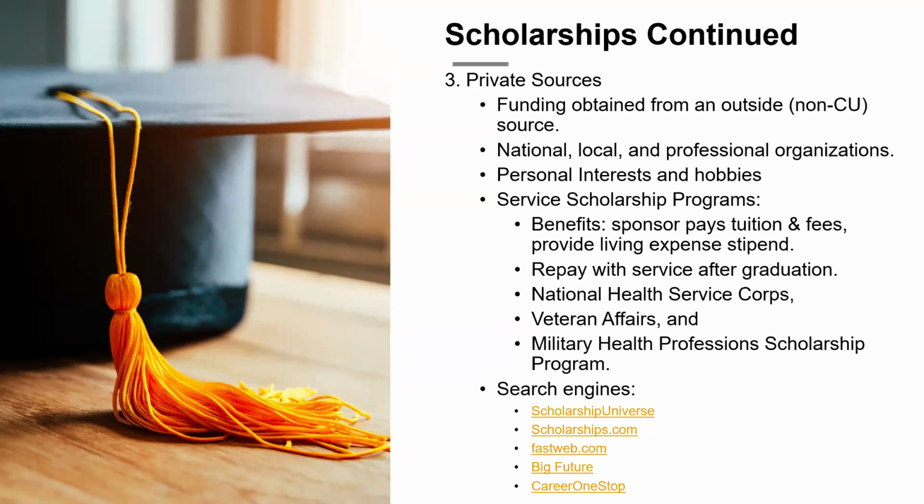Since you're unique and wonderful, now, there are scholarship search engines out there, and I've listed a couple here. That very first one, Scholarship Universe, is something that you will gain access to once you are an accepted student and you've claimed that student account. So that's through the University of Colorado, Denver Anschutz campus. There are other things listed here.